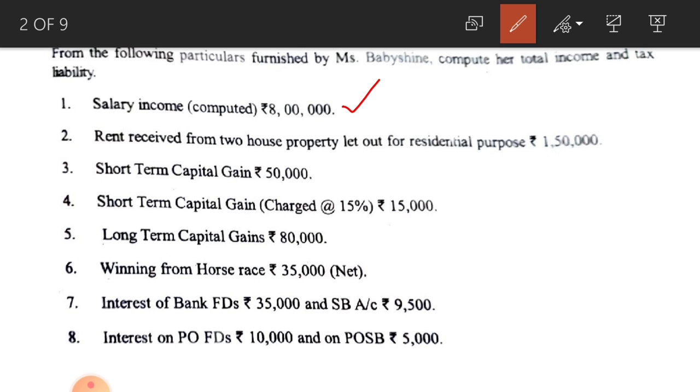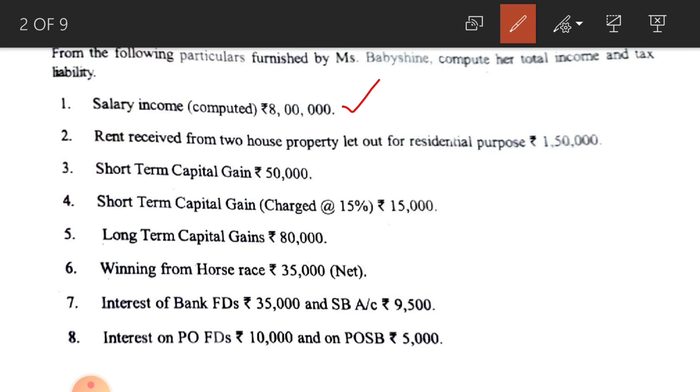When you deduct that municipal tax, you get annual value. From that annual value, you have to deduct standard deduction of 30% on annual value, and you have to deduct one more thing, that is interest on home loan if any. When you deduct that two things, you get the income from house property.